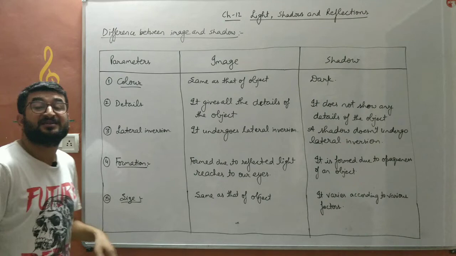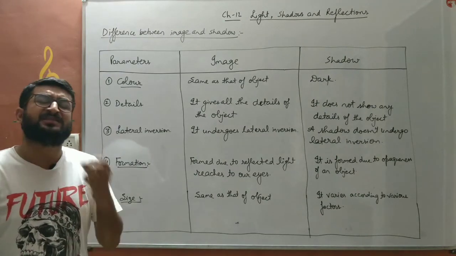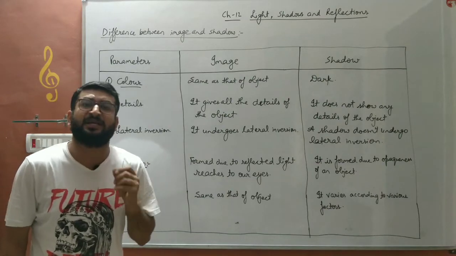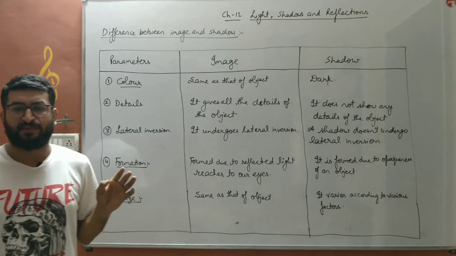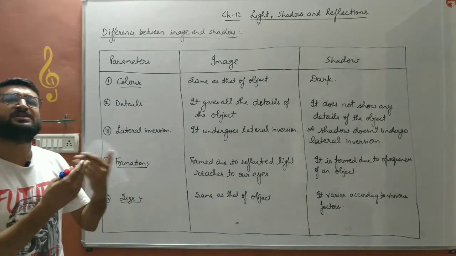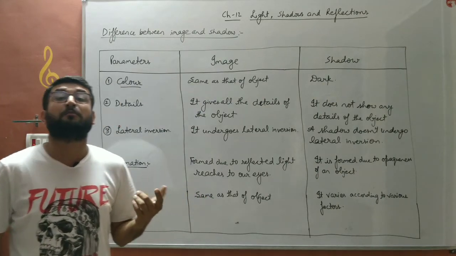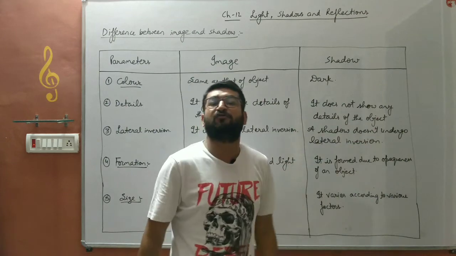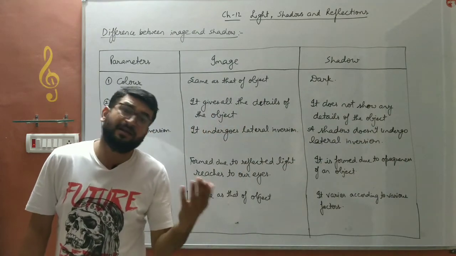The next is size. The size of the image is always equal to the size of the object in case of a plane mirror, whereas the size of the shadow varies, and it depends on various factors.